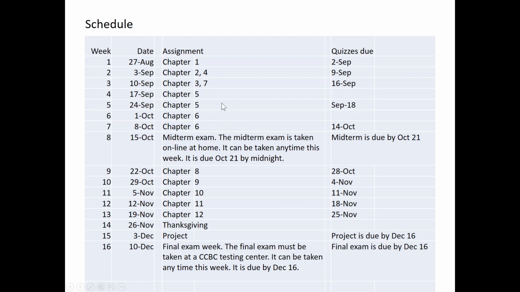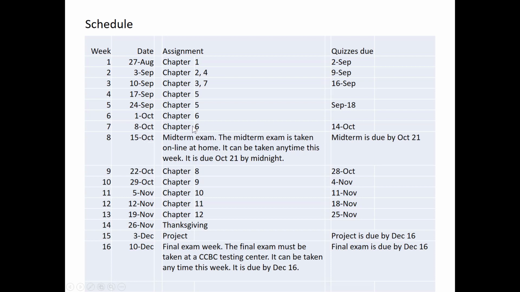But when you get to Chapter 5, that's a big chapter. That covers 2 weeks, and the quiz for Chapter 5 is due at the end of the second week, September 18th. And then Chapter 6 is also a big chapter. That spans 2 different weeks, and thus the quiz is due at the end of the second week.